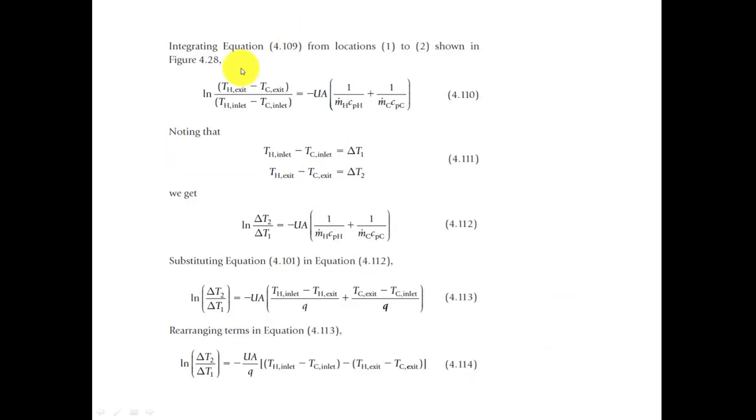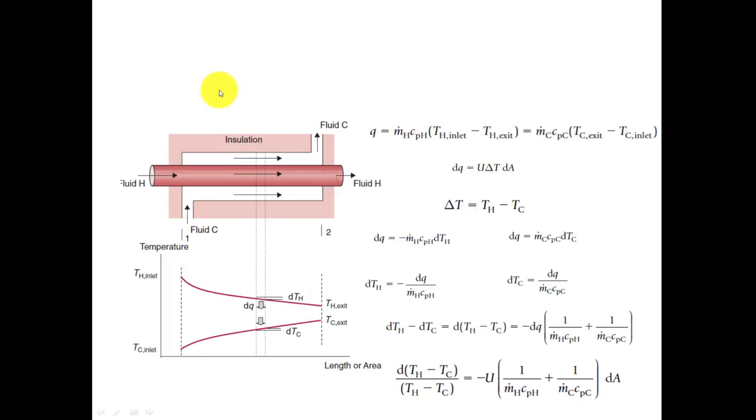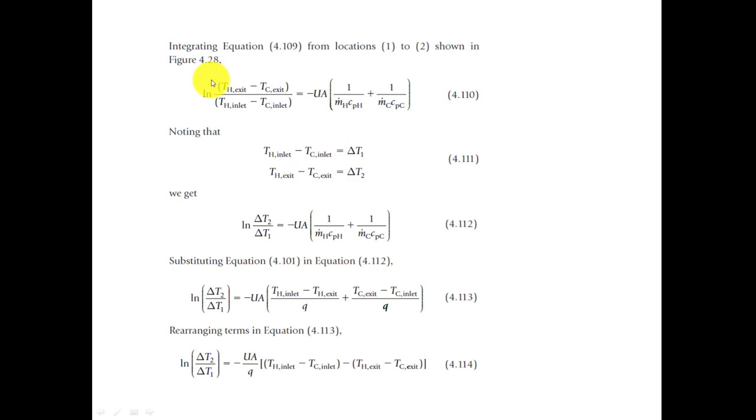So this is your Th minus Tc, where Th is the Th inlet and Tc is the Tc inlet. In the next equation it will be covered.